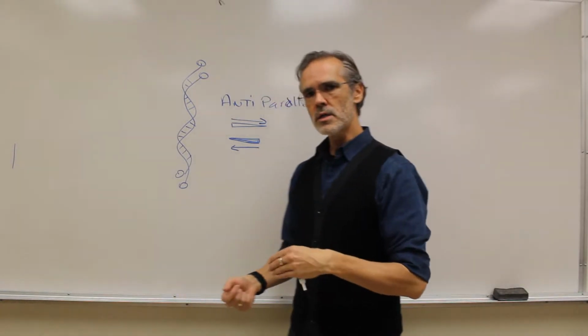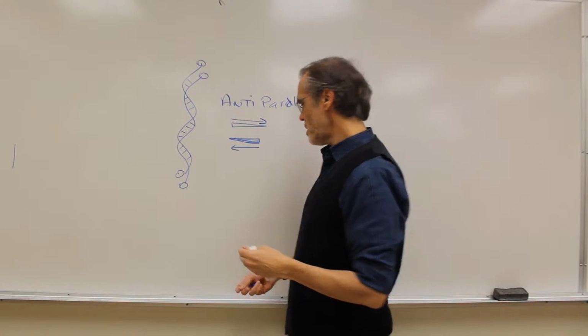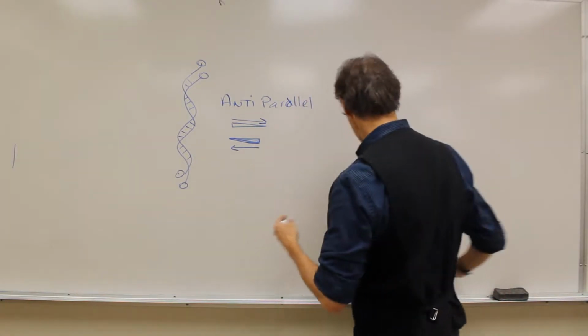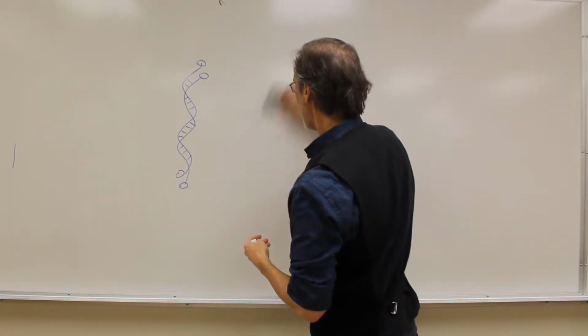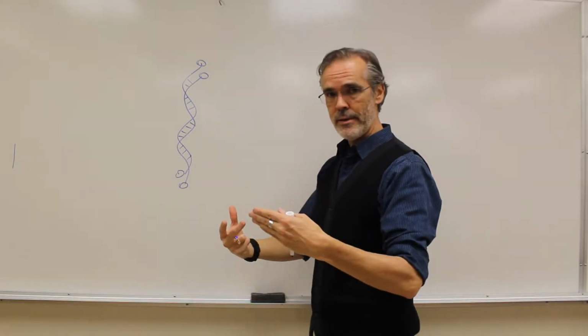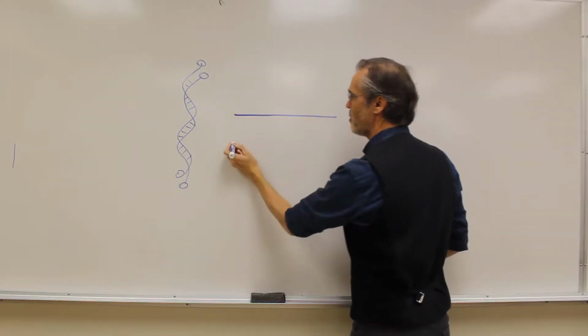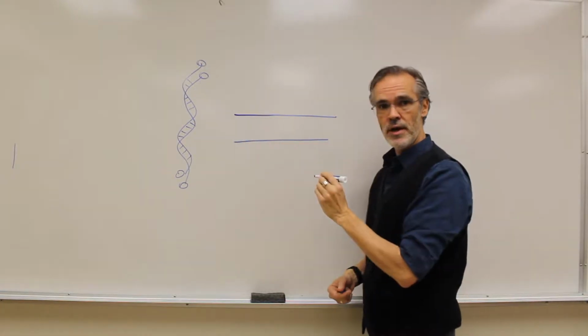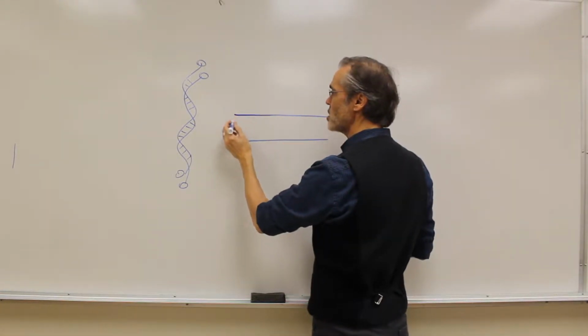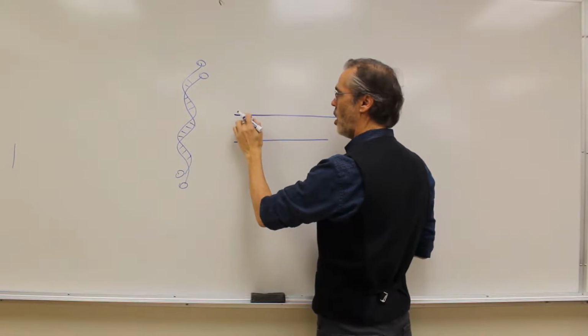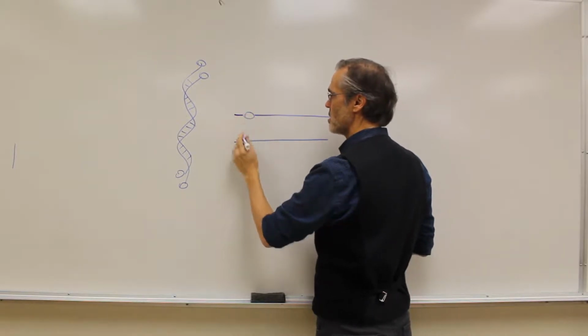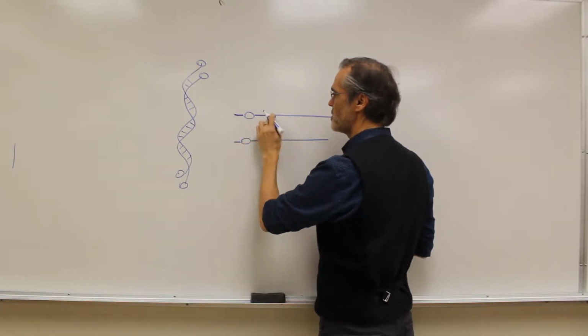So what I want to say now is that when it comes to DNA, and we now know that there's an anti-parallel molecule, let me forget about the helix part of it now, and let's just concentrate on the little pieces that are connecting this piece of DNA here, right?